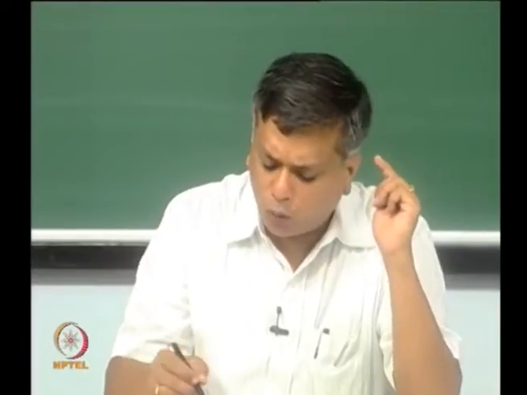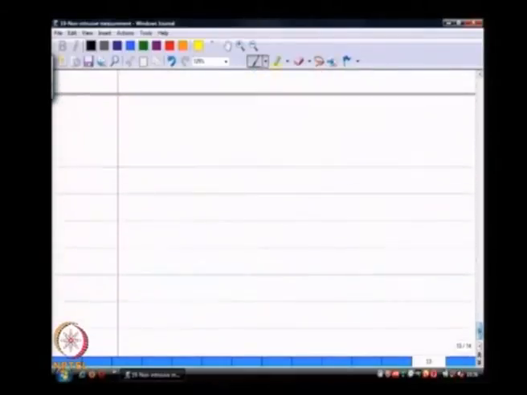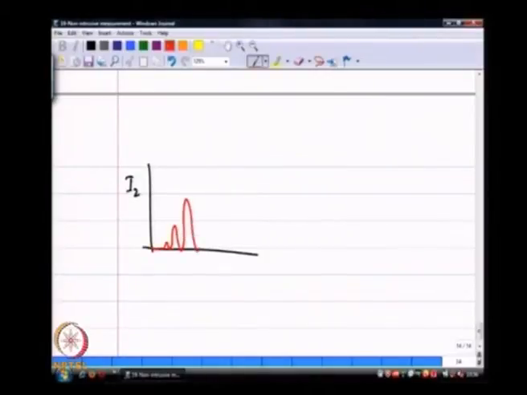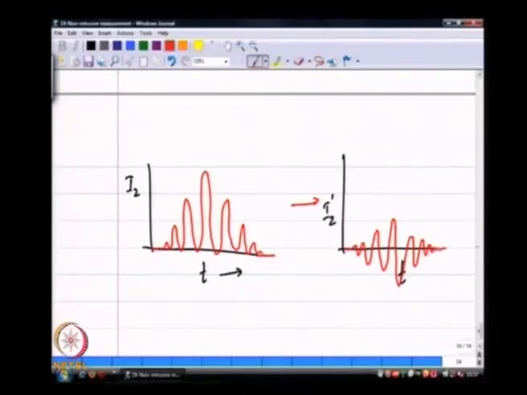But before you do any sort of fast Fourier transform, this intensity I 2 versus time is converted into a profile where the mean is subtracted. If I subtract the mean intensity over this entire data set, I will get something that looks like this.